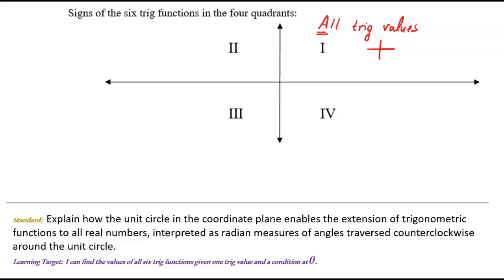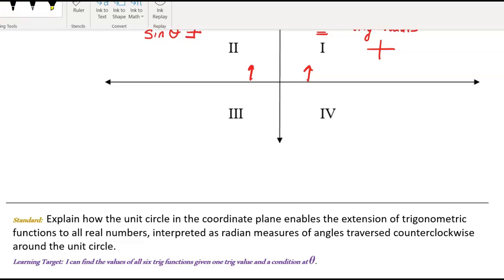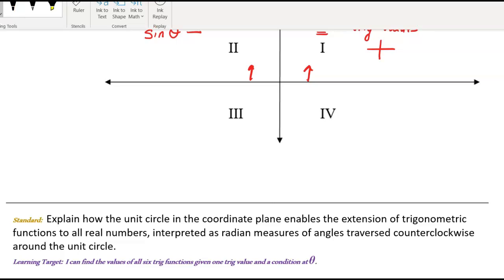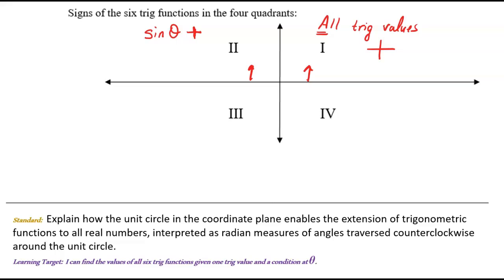I'm just going to list the positive ones to keep this diagram clean. Sine, remember, is my y value. So if my y value is in the first or second quadrant, sine of theta will be positive. In the second quadrant, sine is positive.